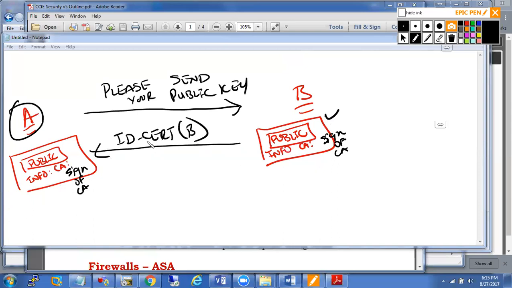Yes, it was signed by some CA server, but how do I know that is really that CA server? How do I know that's the real signature for VeriSign?